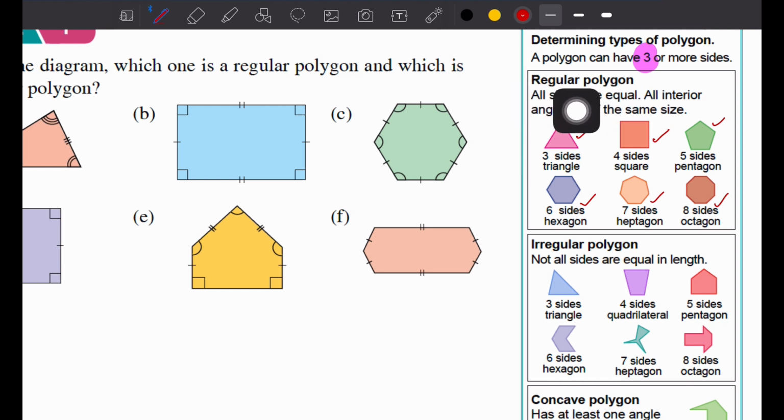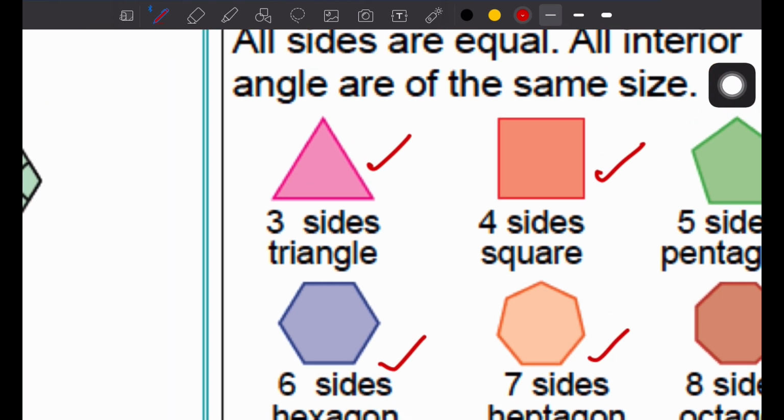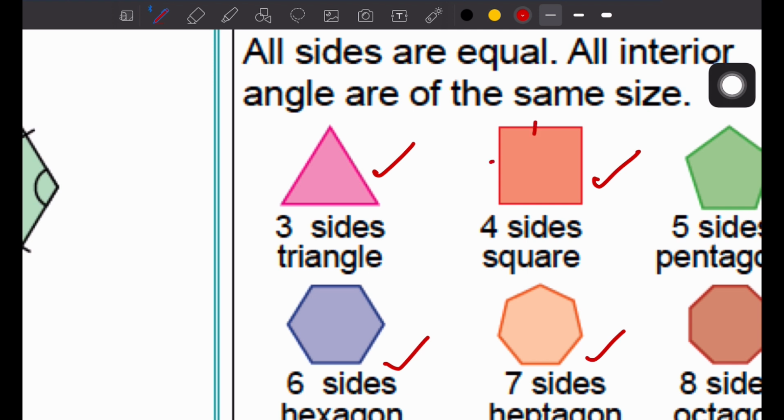We know that if this is a regular polygon, it has the same sides and the same interior angles. For example, I take this square: we have 4 sides of the same length and the same interior angle, 90, 90, 90, 90.